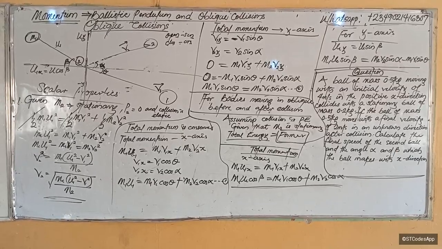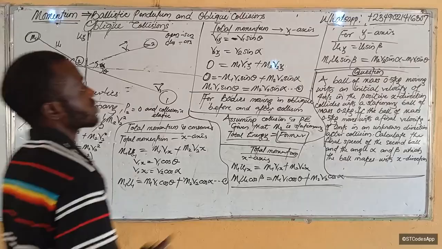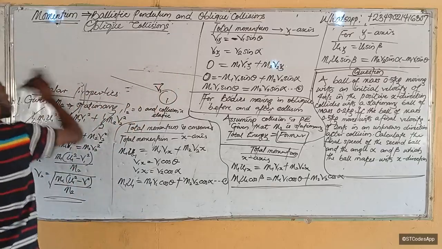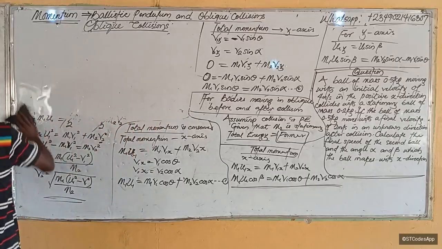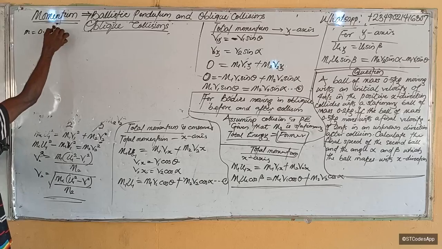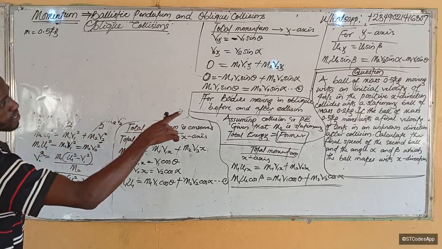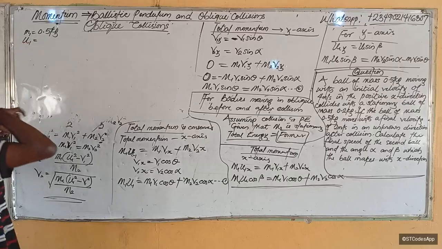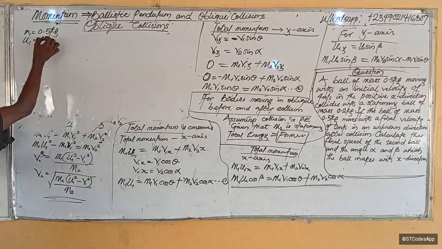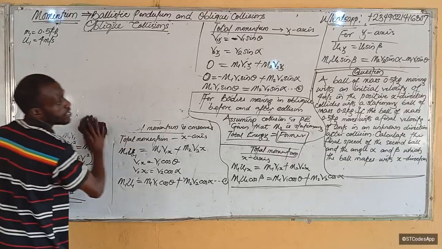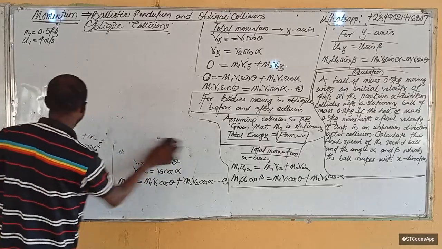This question says that a ball of mass m1 is 0.5 kg, moving with an initial velocity u1 of 4 meters per second in the positive x direction.